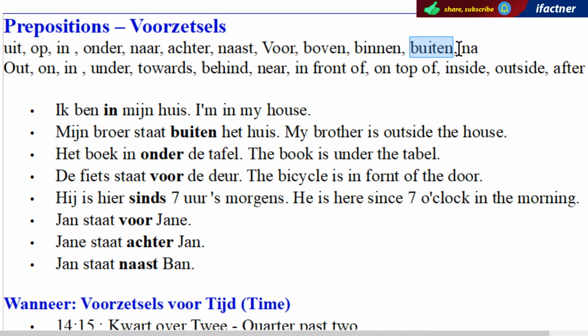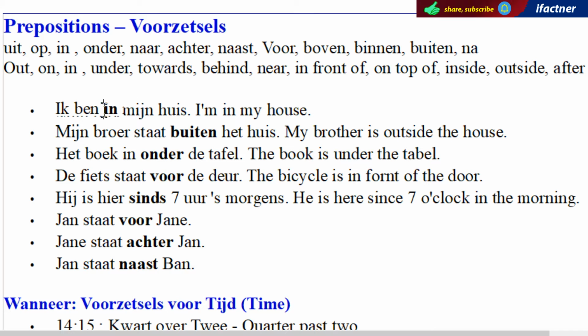Now we will use these Voorzetsels in different sentences, and we will learn new Voorzetsels for time and places later on. The first example is Ik ben in mijn huis, which means I am in my house.